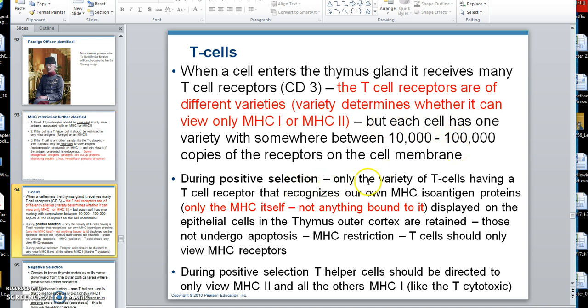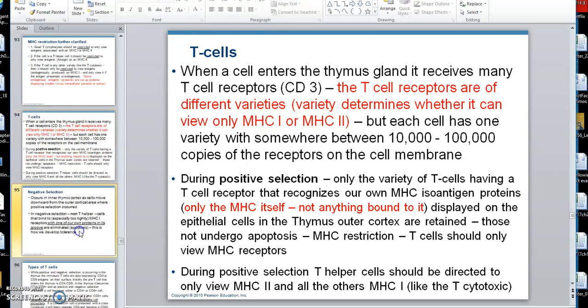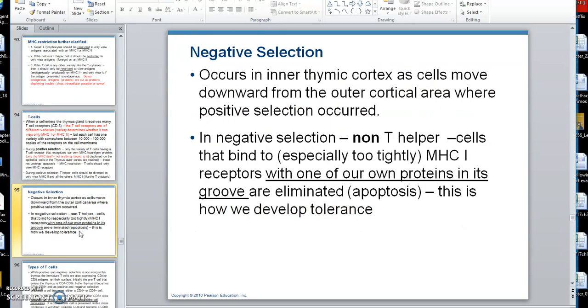During the positive selection, only the variety of T cells having a T cell receptor that can recognize our own isoantigens are the key ones. During positive selection, T helper cells should be directed to only view MHC2 and the others MHC1, like the T cytotoxic. So you want to read on that. Then I go to negative selection.